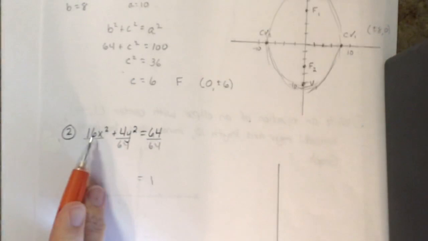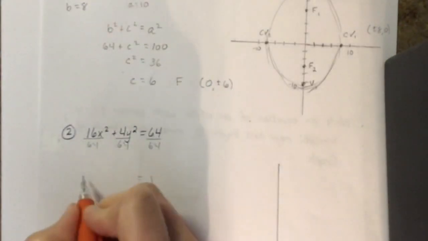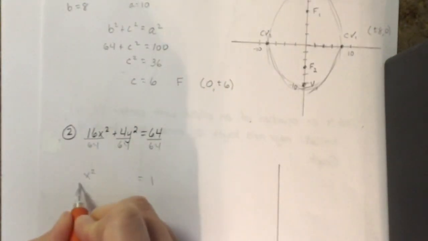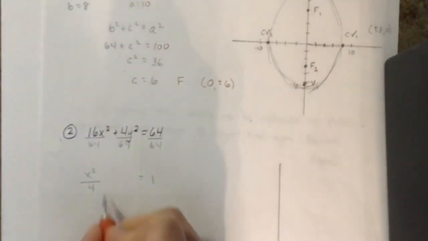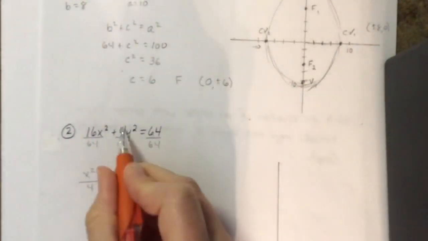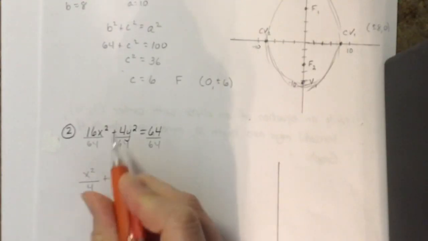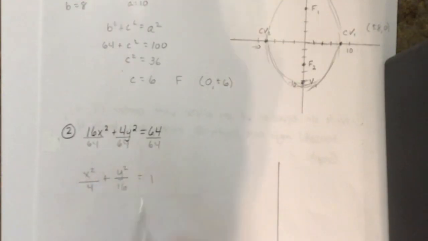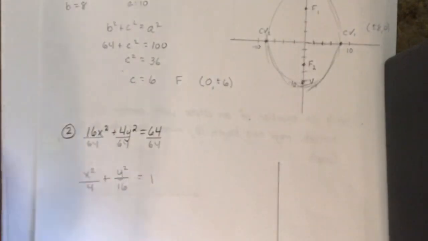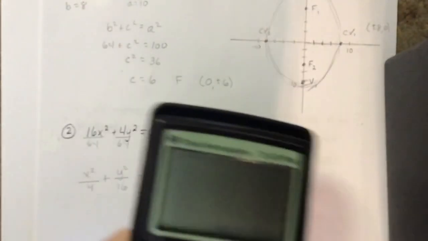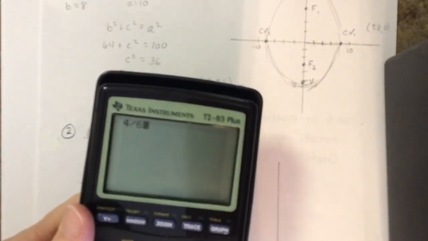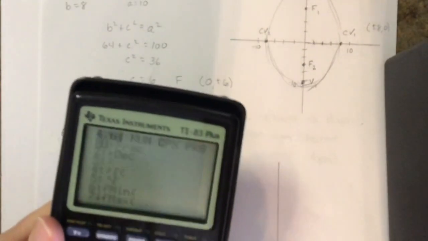And then I reduce. 16/64ths is 1/4. Plus 4/64ths is reduced 1/16. And of course you can put that in your calculator if you're not sure. You can go 4 divided by 64, math fraction.